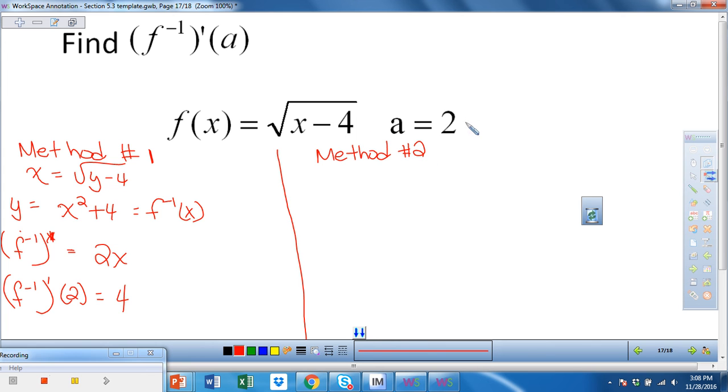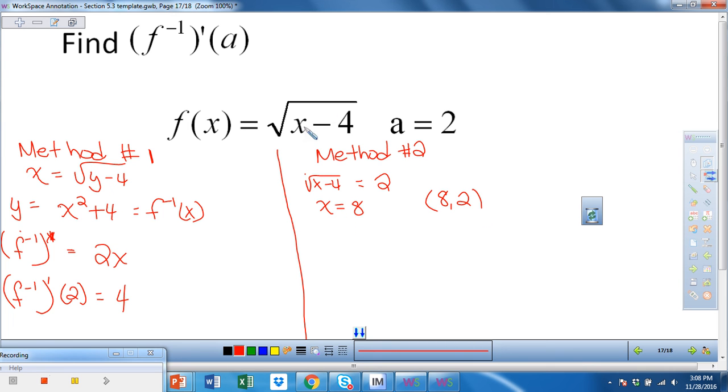So to do the second method, I have to set the square root of x minus 4 equal to 2. To solve for x, I square both sides. I get x is equal to 8. So that means that on the inverse, there's a point 8, 2.